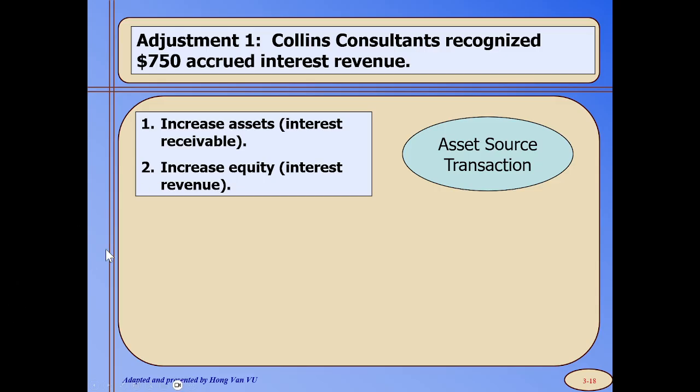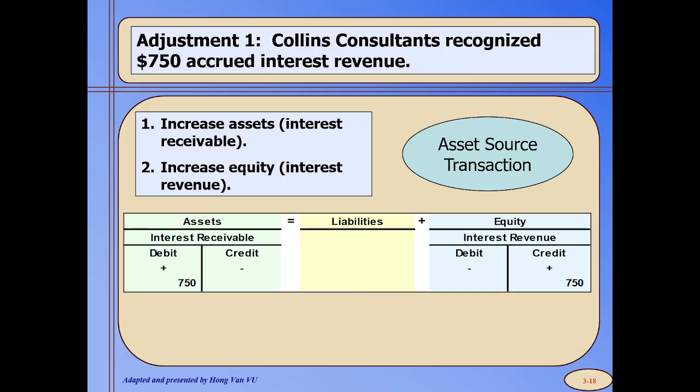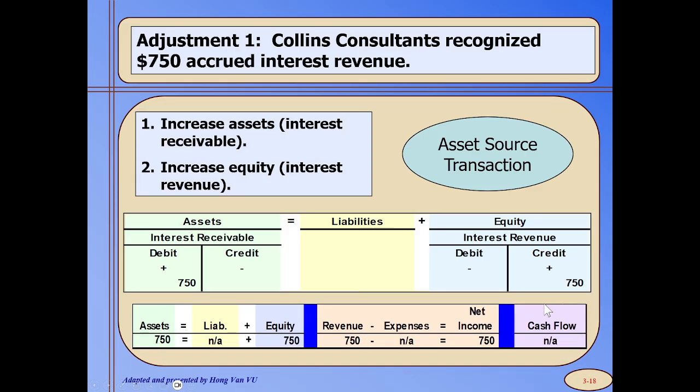So this transaction increases assets, the interest receivable, meaning that they will receive it in the future, and increases the equity, the interest revenue. We call this an asset source transaction. So we have a T-account with the interest receivable increase of 750 and the interest revenue credit of 750, and here is the effect of this transaction on the financial statement model.